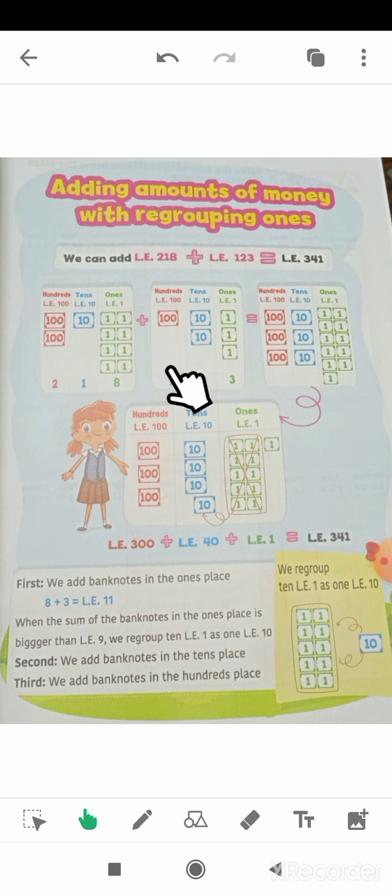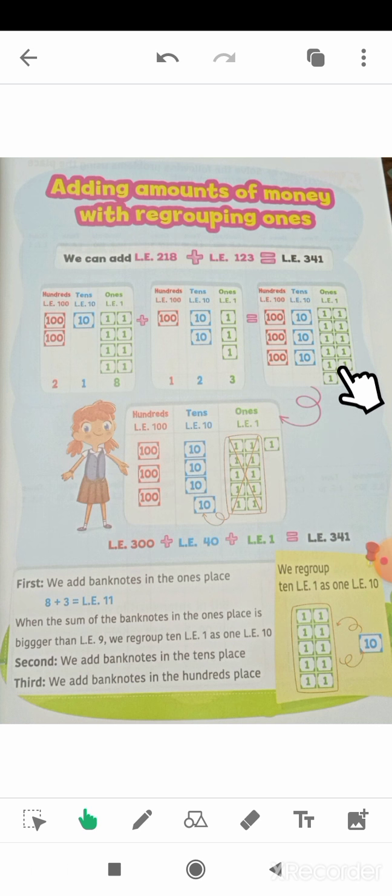So we draw here 200 and 1 ten and 8 ones, or 8 papers of 1 pound, and here 123. So we will add ones with ones. So we have 1, 2, 3, 4, 5, 6, 7, 8, 9, 10, 11. Stop.